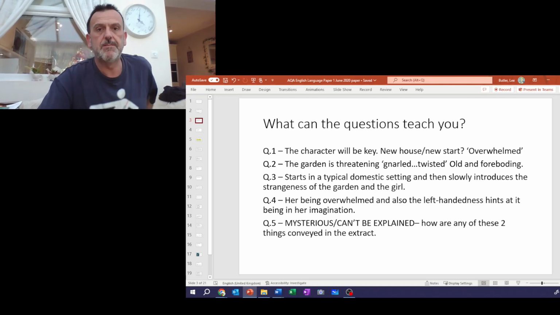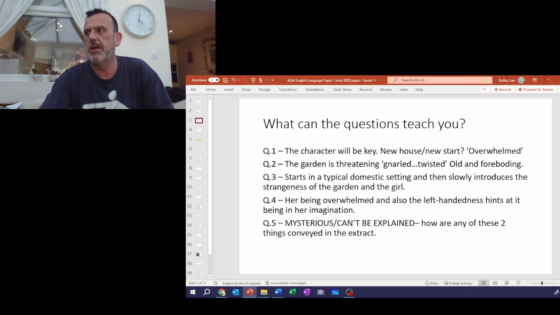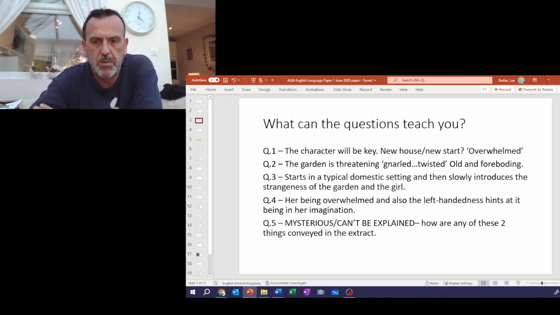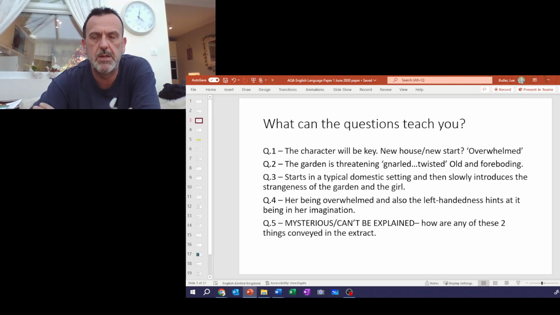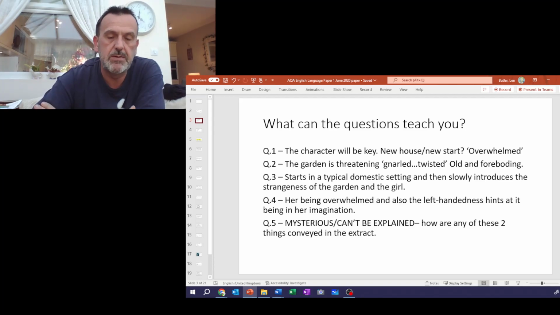Or question 3. As you're reading it, you should immediately be thinking, "Oh, hang on, we've got a woman at a kitchen sink washing up." Extremely domestic, extremely typical working mother. However, we do know that she's had to move, and the word trauma is used. But then we suddenly pivot to the strange garden and the strange appearance, who then disappears as Rosie enters the garden.